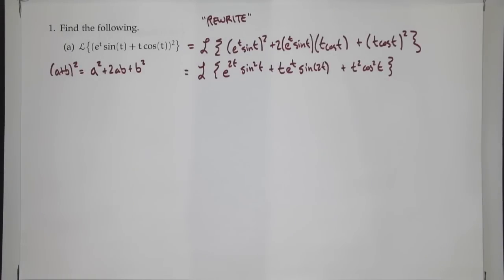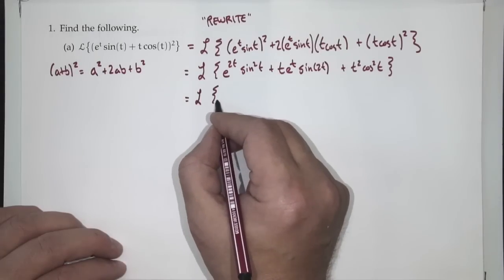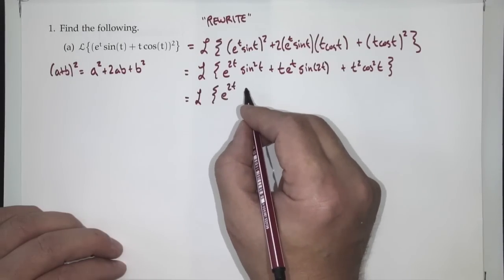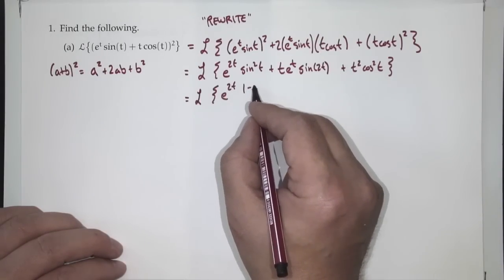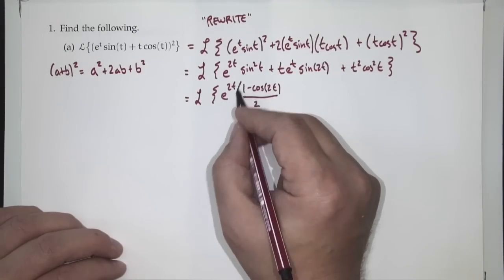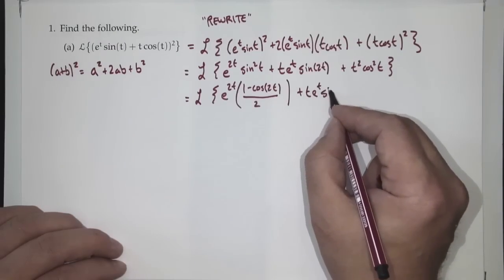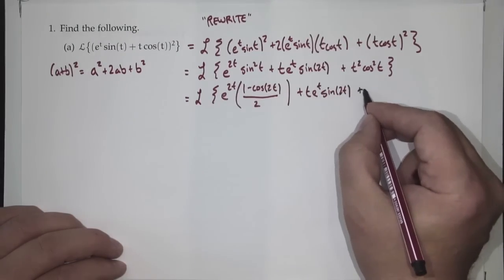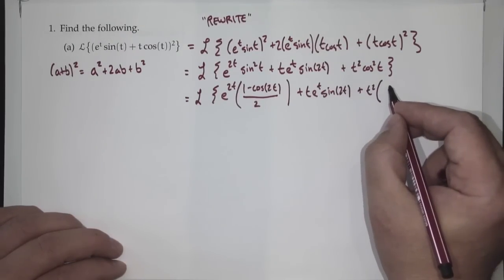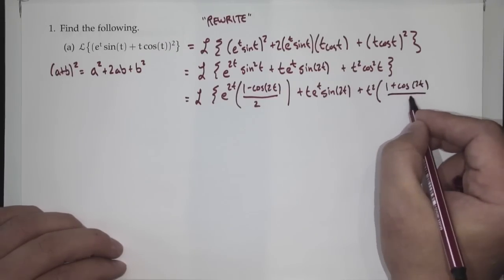So we plug those in. So we have that this is the Laplace transform of e^(2t) times sine squared, which is (1 minus cos 2t) over 2. We still have our middle term, which we'll come back to. And then we have a t squared times (1 plus cos 2t) over 2.